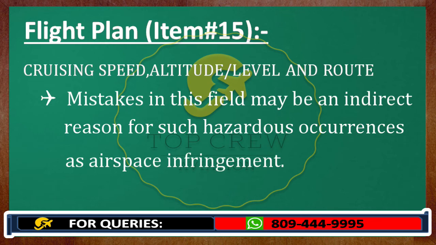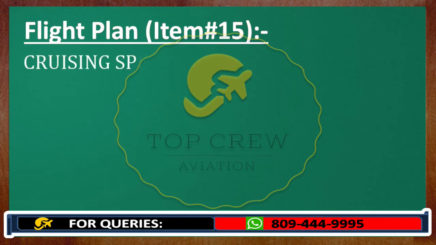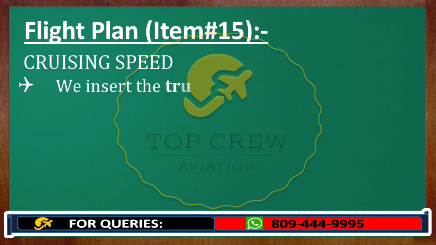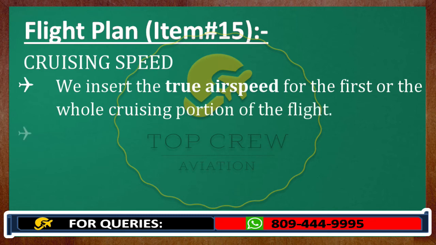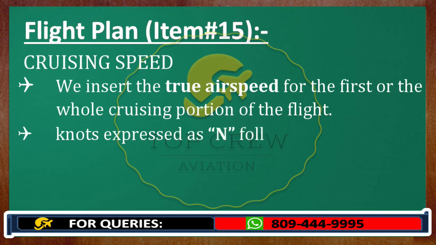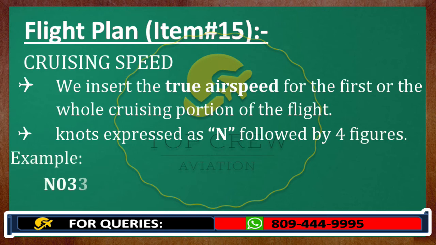In item number 15, we insert the true airspeed in cruising speed, and we insert it in knots. So guys, do remember in knots we denote it by N, like 330 knots we would mention N as in November 0330, which means 330 knots true airspeed.